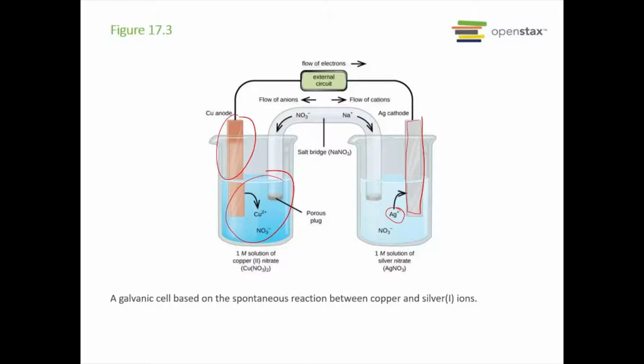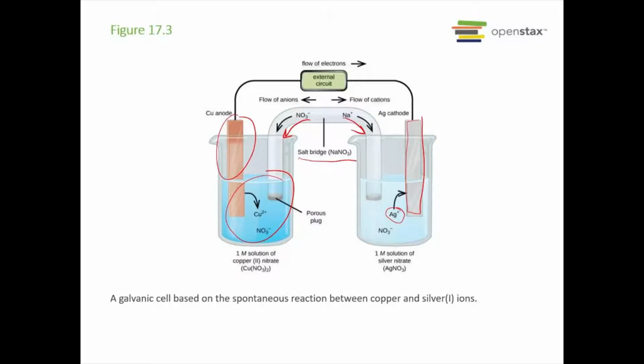But what's also happening is we have this salt bridge that's made of sodium nitrate. It basically keeps the reaction going. It gives some positive ions to the cathode side, and negative ions from it go to the anode side, which is why you see the sodium plus and NO3 minus.